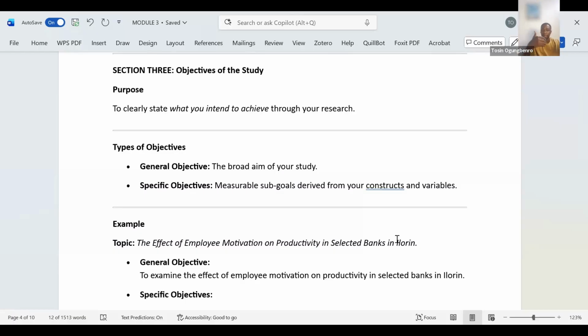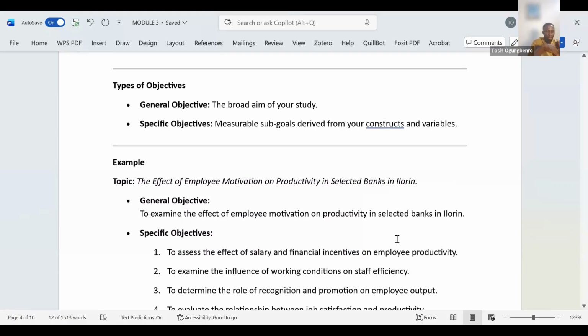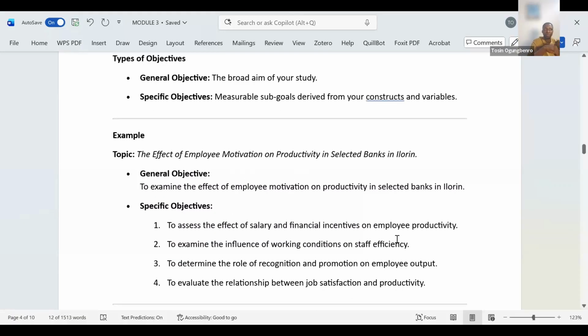Like I said yesterday, derived from your constructs and variables. And if you have seen the video I shared today, I have talked about it, linking everything together. Measurable goals. What I normally tell people is there's a way your objective should be framed.